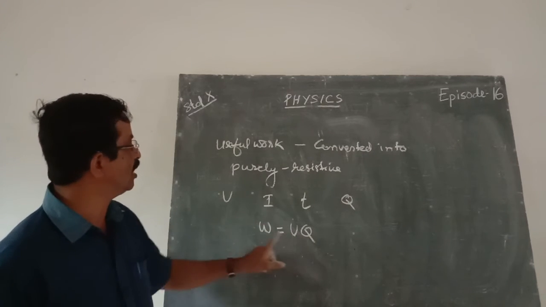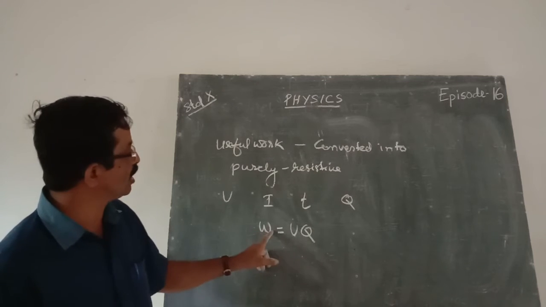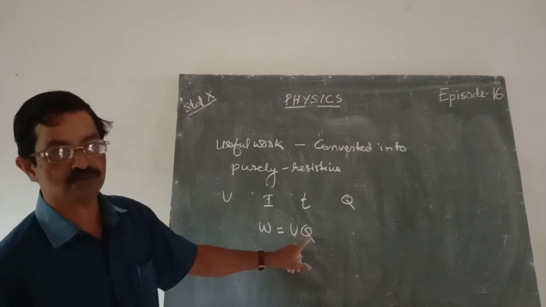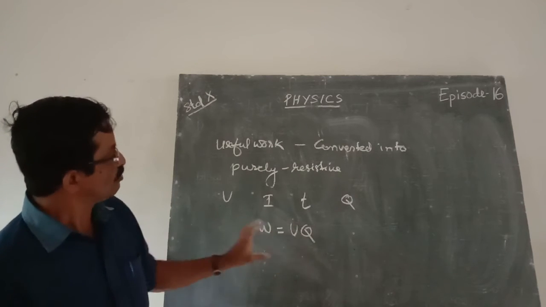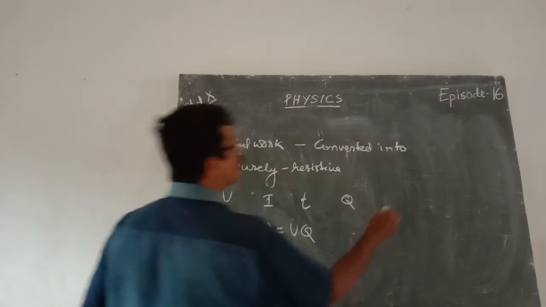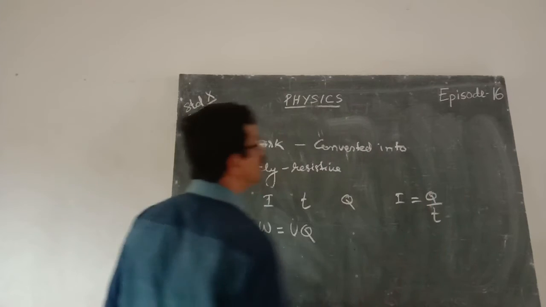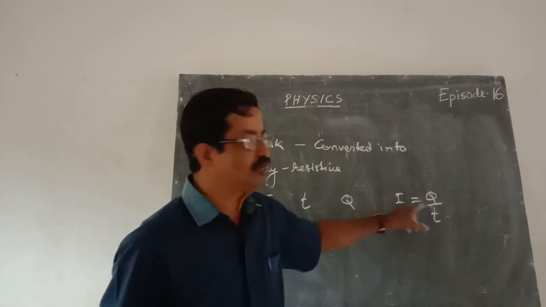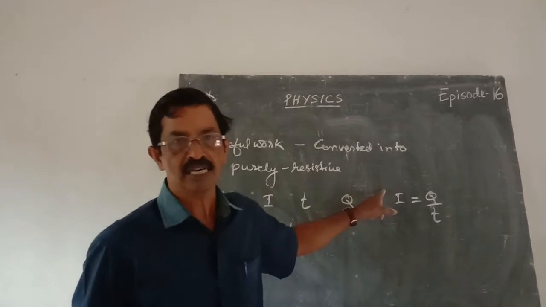The amount of work done W is equal to VQ. If the work done is this, we also know I is equal to Q by T. That means charge flowing in unit time is called current.